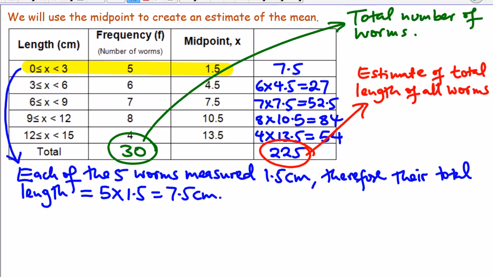So what we have here is an estimate of the total length of all worms and the total number of worms. Suppose you want to find the average length of each worm.